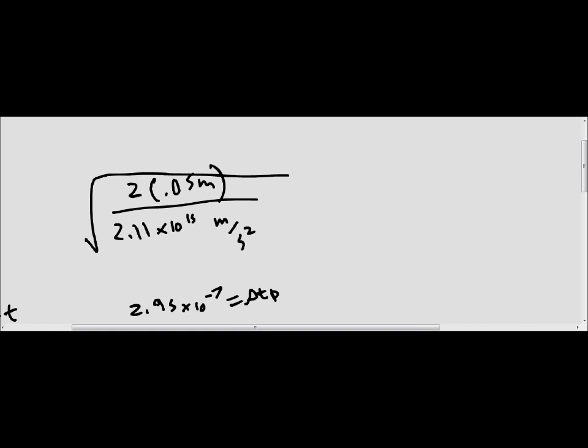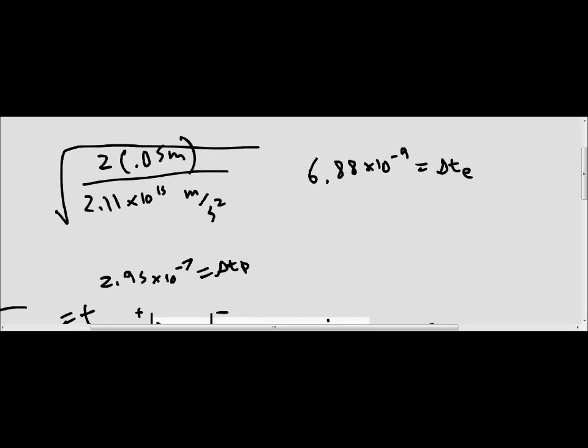We could put a positive and negative into this, but it doesn't really matter in this equation since we're only solving for time. And when we multiply all of this out, the answer is 6.88 times 10 to the negative 9 as the change in time for the electron.